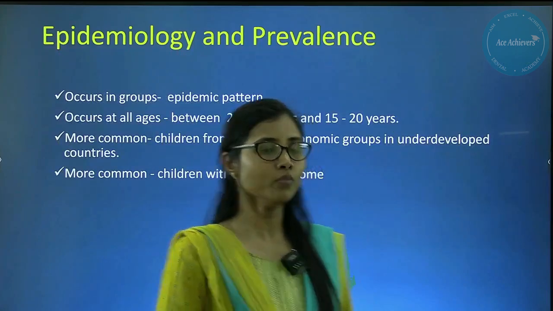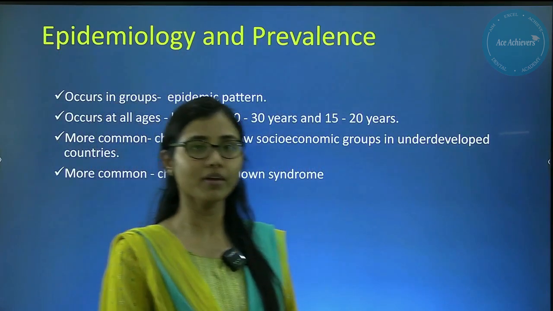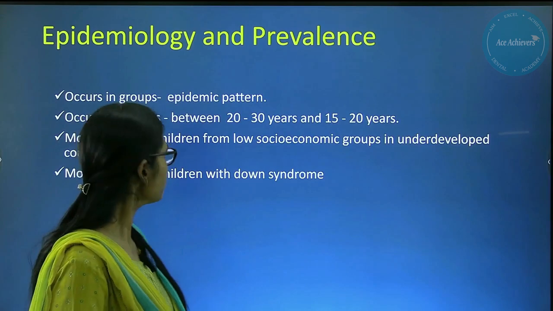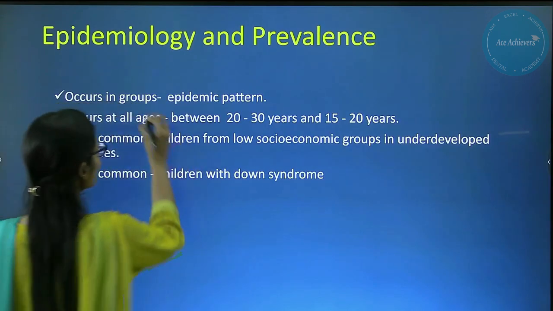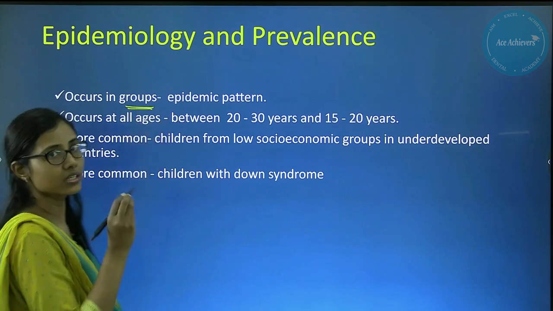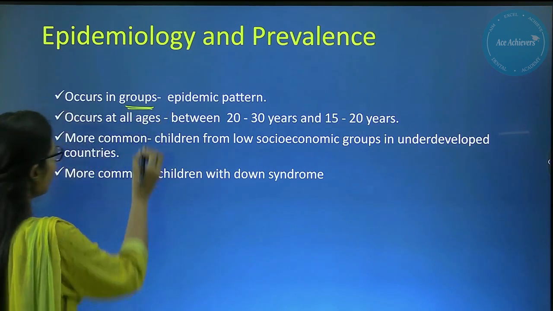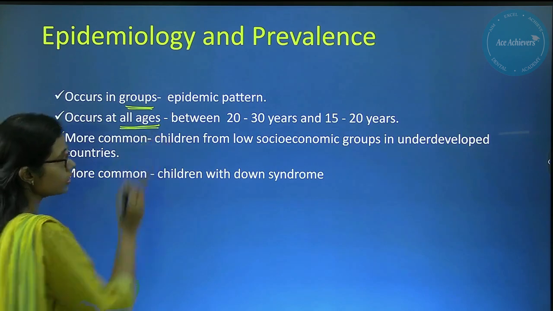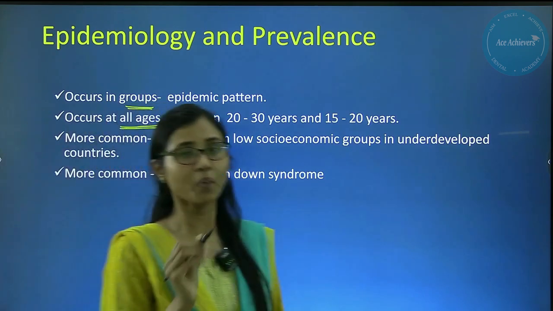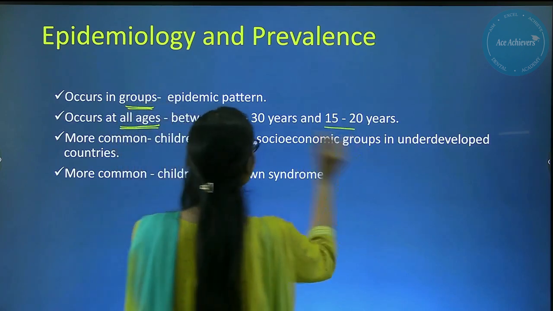Now when we see the epidemiology and prevalence of acute necrotizing ulcerative gingivitis, it occurs in groups. It is not going to affect a single person; it affects groups. It occurs in persons of all ages, particularly between 15 to 20 years and 20 to 30 years.